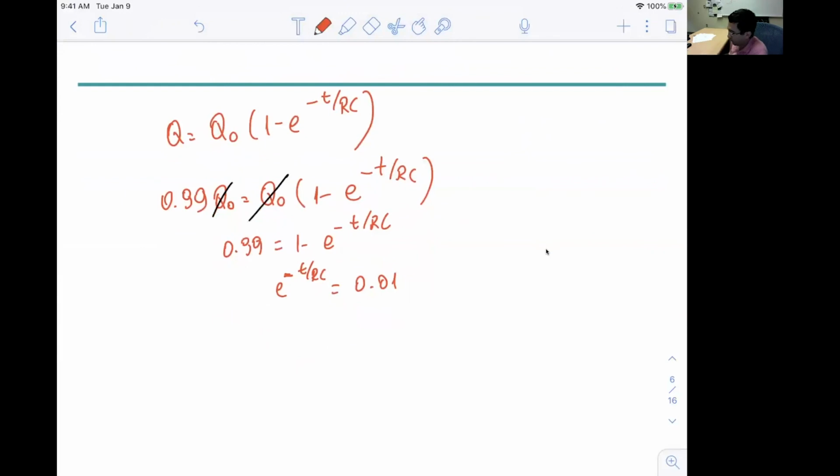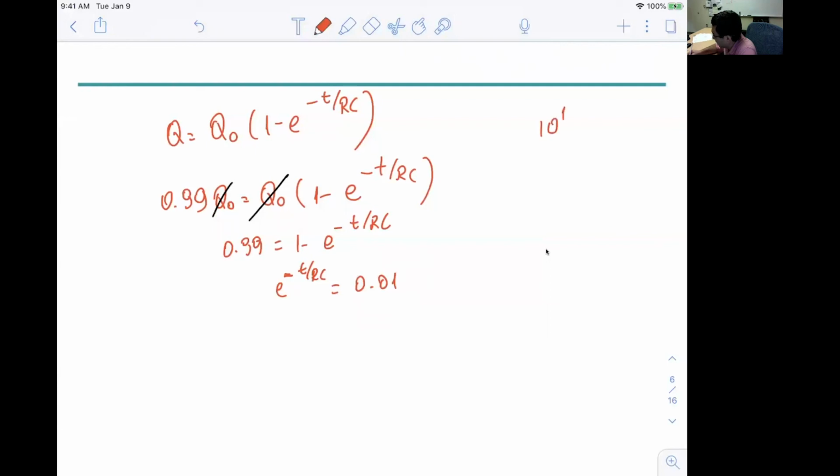Now, what you have in the calculators is a natural logarithmic function. Let me explain what the logarithm means.